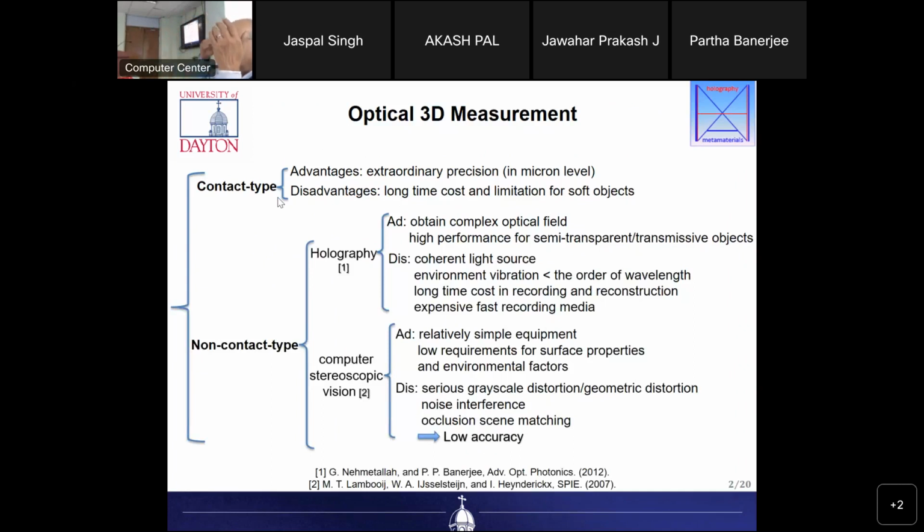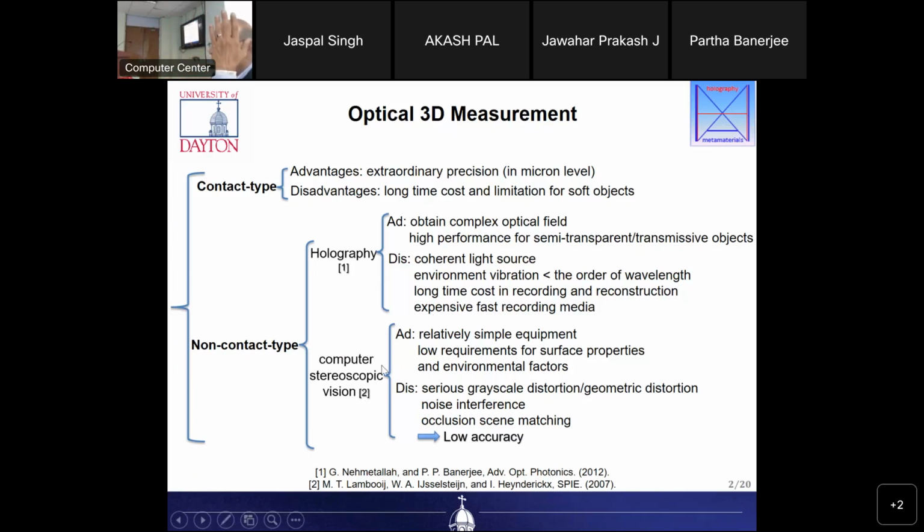Or you have non-contact type. Holographic methods are one, and have advantages, but the disadvantage is you have to use a coherent light source, very sensitive to vibration. Noise and speckle are other issues.